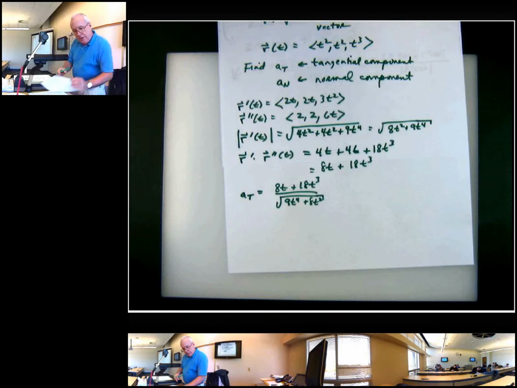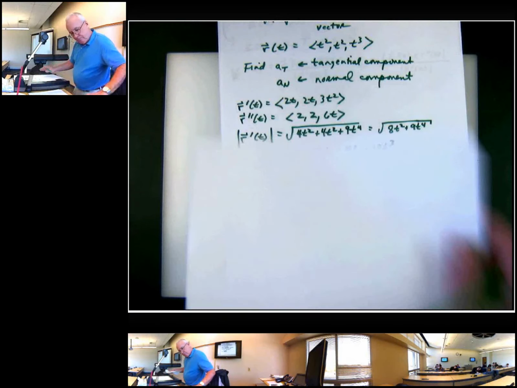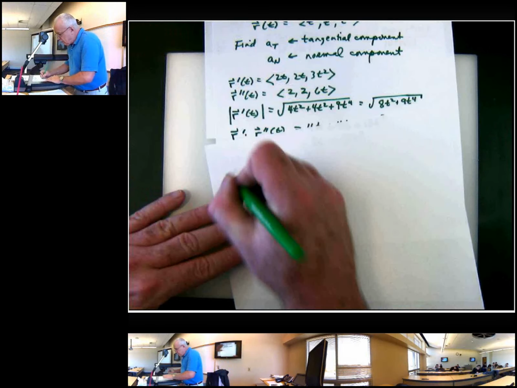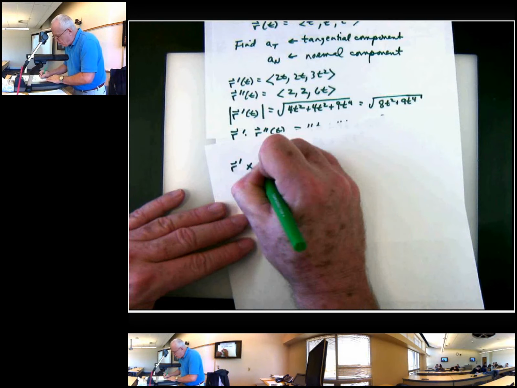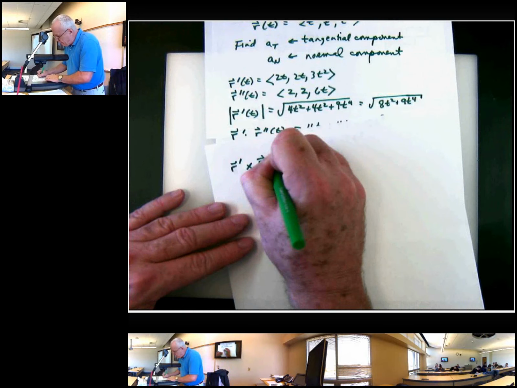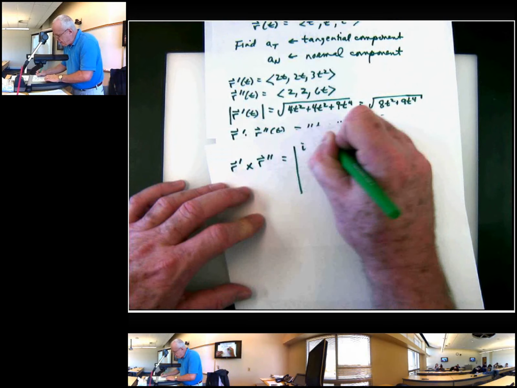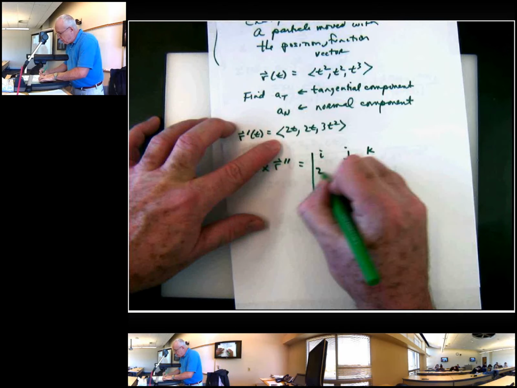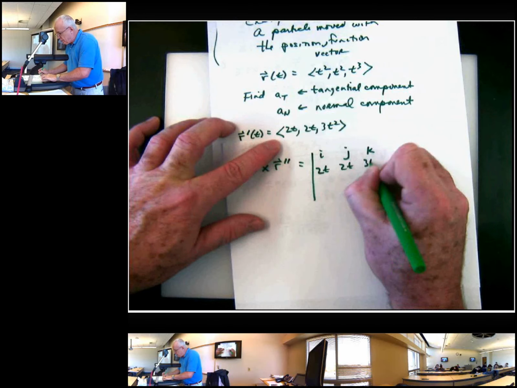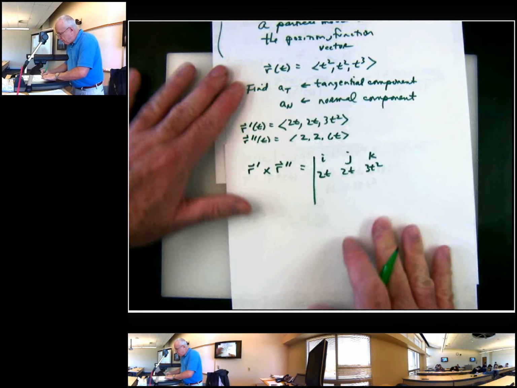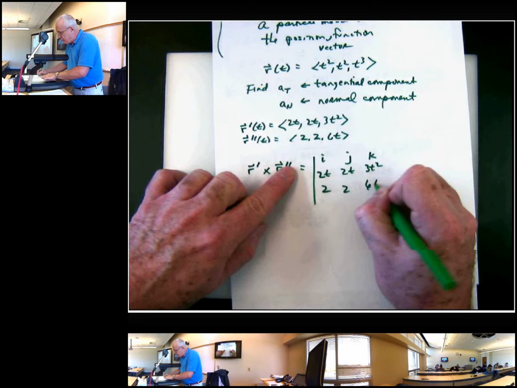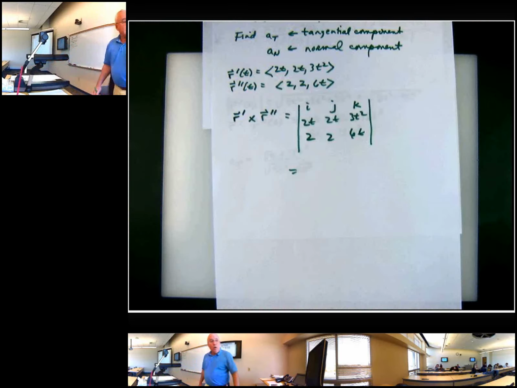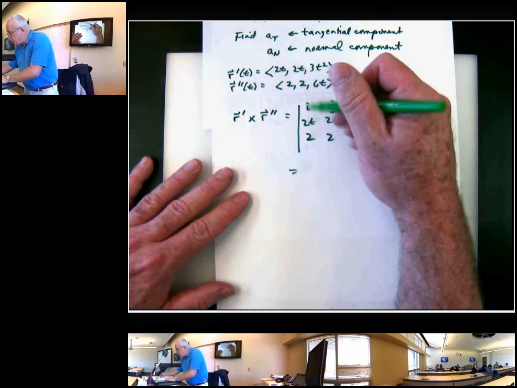So let's figure that out. r prime cross r double prime, with i, j, and k. r prime is 2t, 2t, and 3t squared. r double prime is 2, 2, and 6t. All right, so we do our determinant.